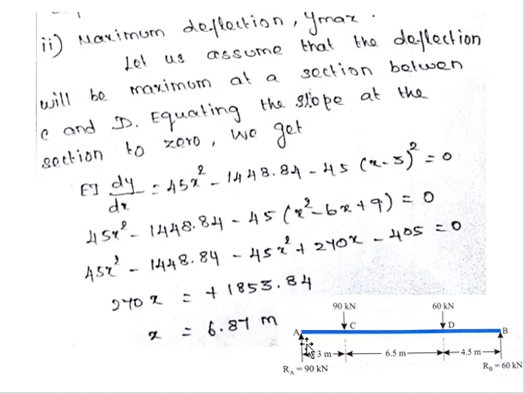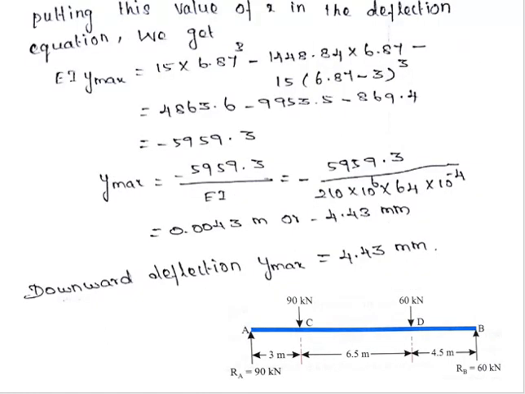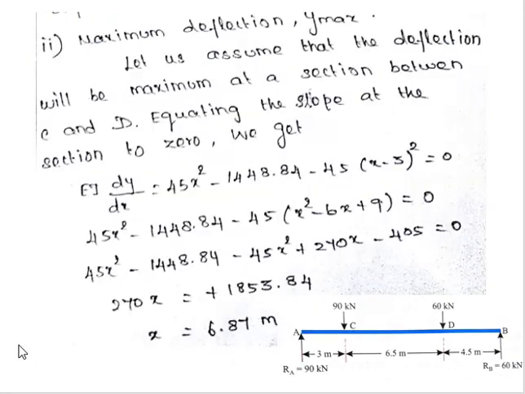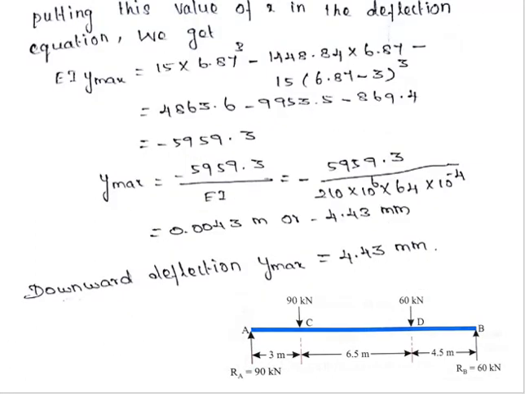From the left end, because we take all the values from the left end only, our x is also from the left end. So the maximum deflection point from the left end is 6.87 meter. So take this value, 6.87 meter, as the distance and find the deflection value. Put the 6.87 meter in the deflection equation.